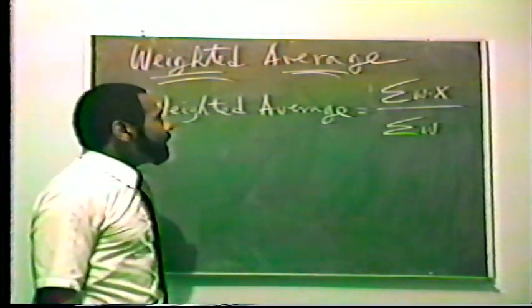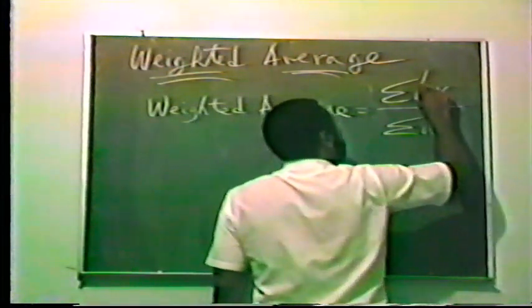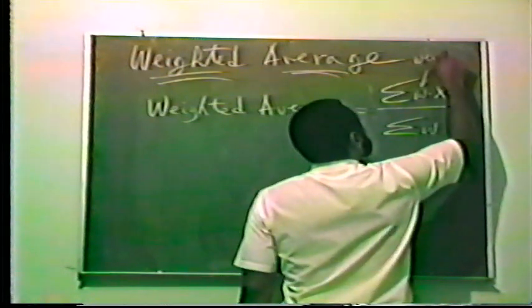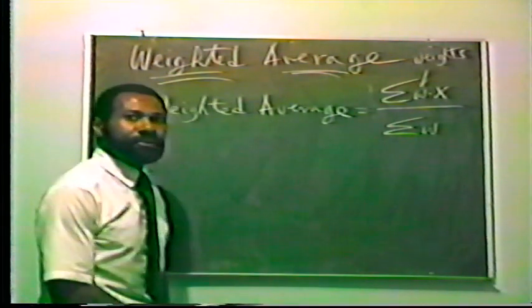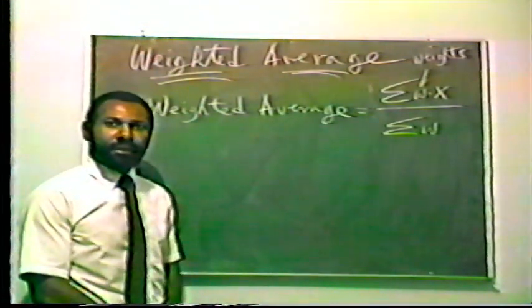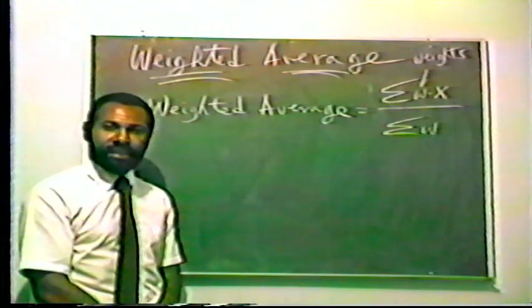Now, the W in the formula represents the weights. In other words, you're going to give weights to the different numbers in the data set.